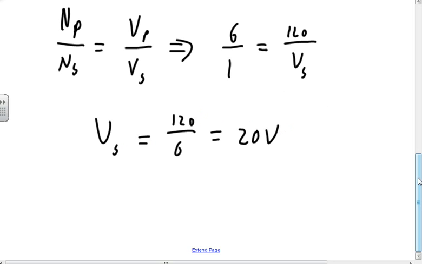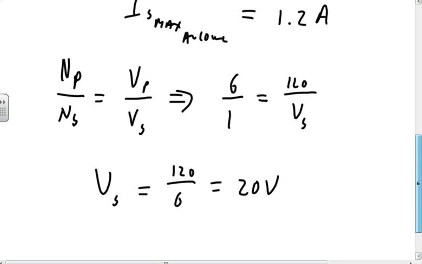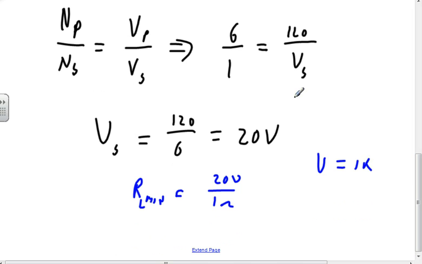Okay. So my maximum allowed current in the secondary, 1.2 amps. My voltage in the secondary is 20. V is still equal to IR. So resistance minimum, load minimum, is going to be 20 volts divided by 1.2 amps.